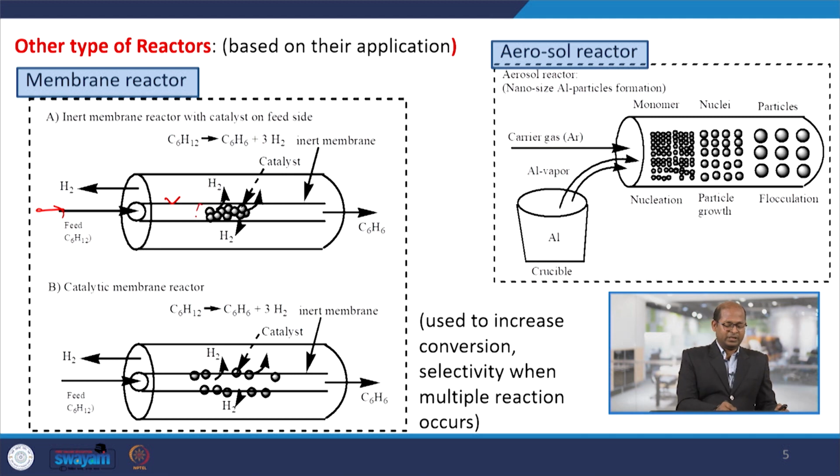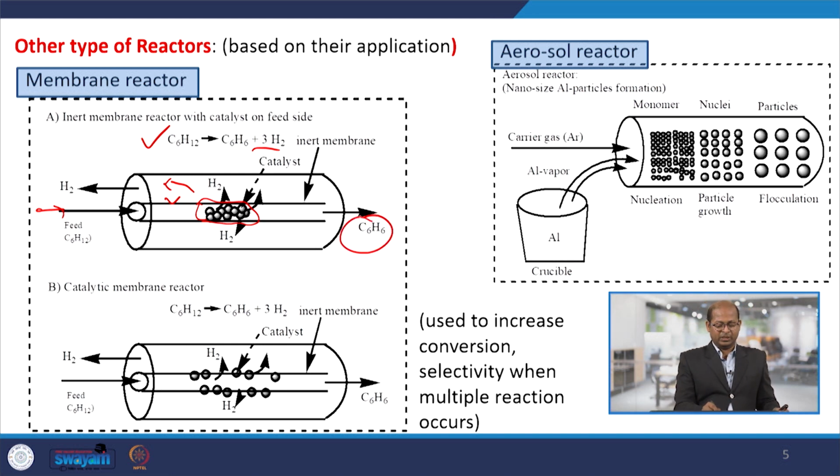We place the catalyst inside the reactor, and when the reactions take place, say the cyclic compound converting into benzene and hydrogen, that hydrogen comes out through the membrane. In the membrane there are pores through which it comes out, and we can separate it out during the reactions.